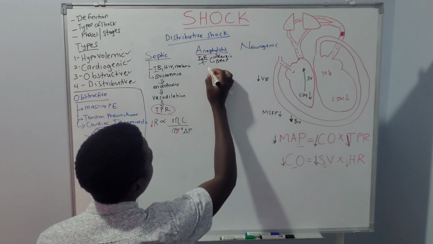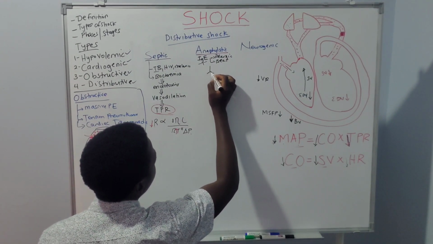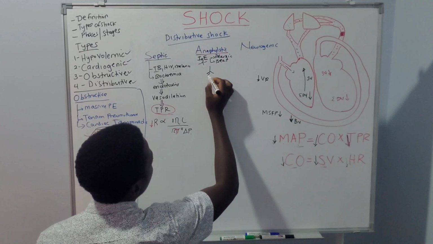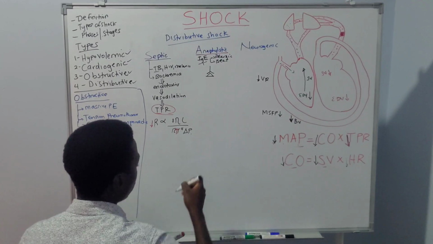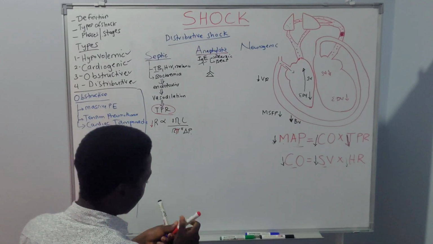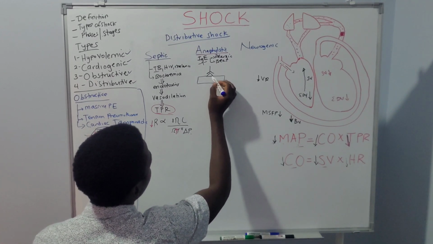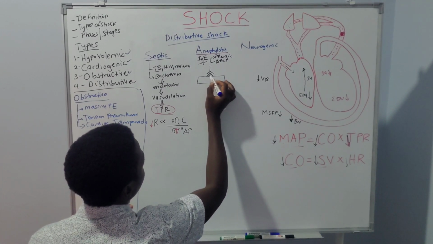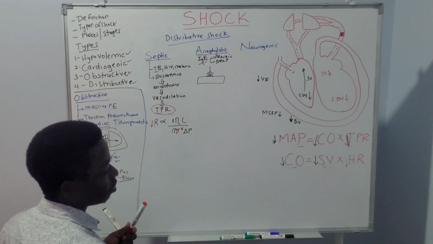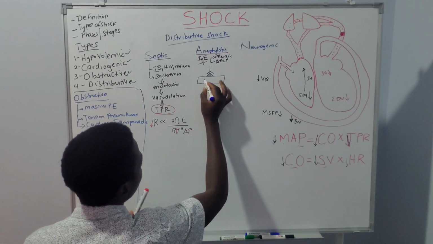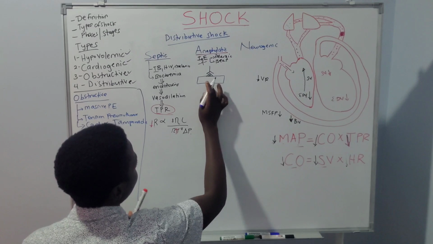So what happens? These antibodies, this IgE, usually bind onto their receptors that are found on the mast cell. When they bind onto these receptors on the mast cell, they induce degranulation of these mast cells.